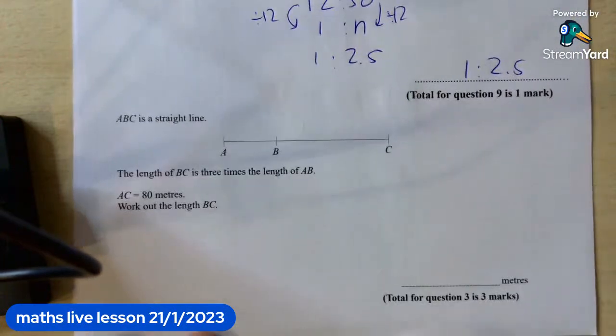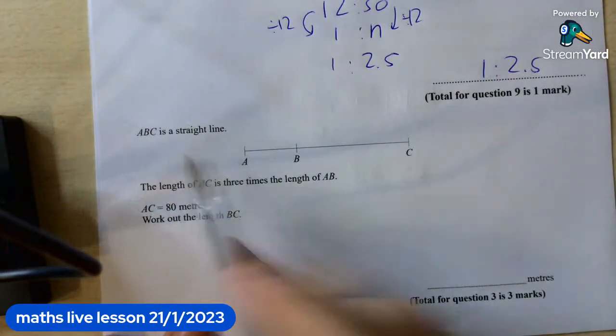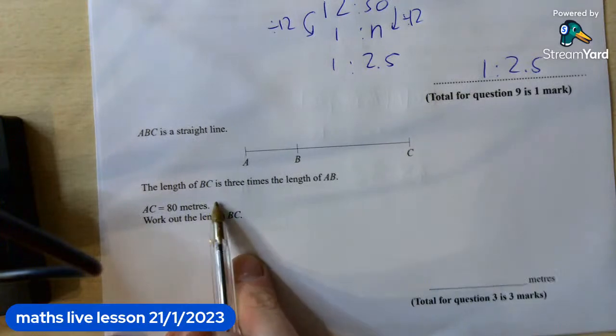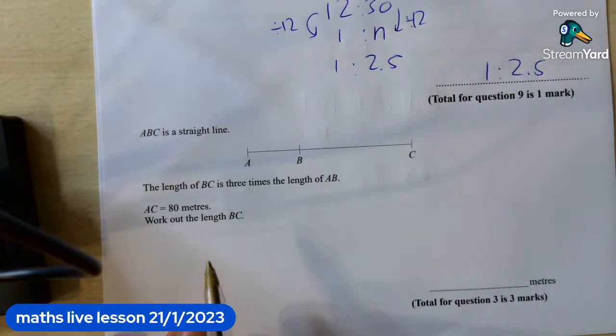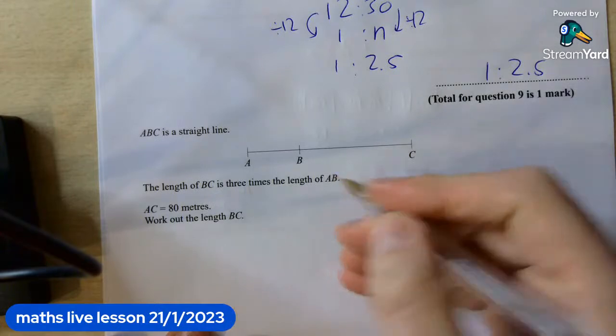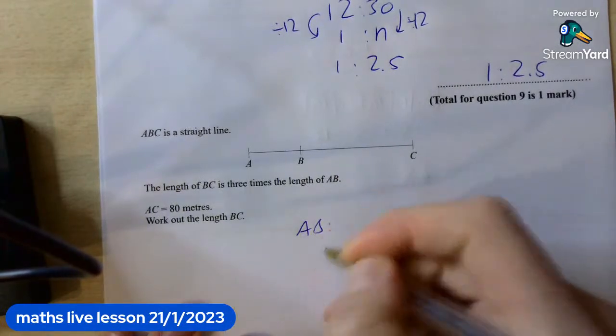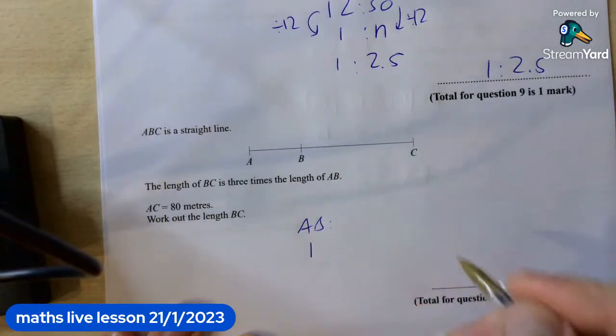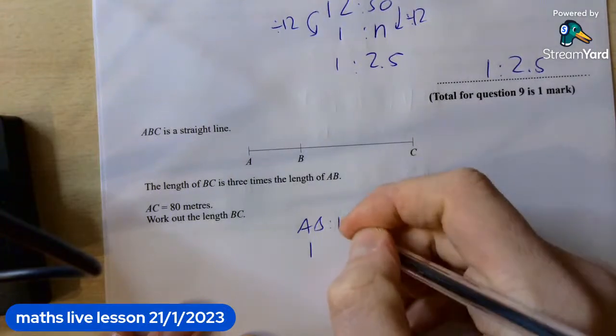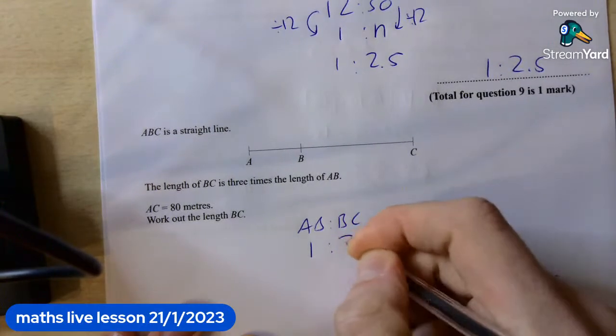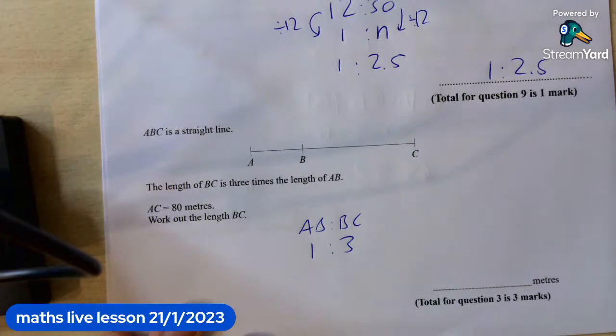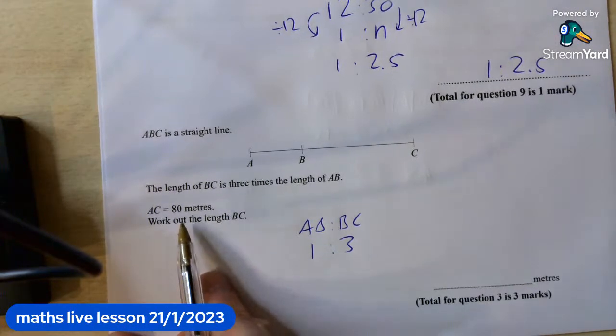Right, next one. So we've got ABC is a straight line. So the length of BC is 3 times the length of AB. So if AB is 1, then BC is 3 times that. So that's going to be 3 as a ratio. AC is 80 meters.